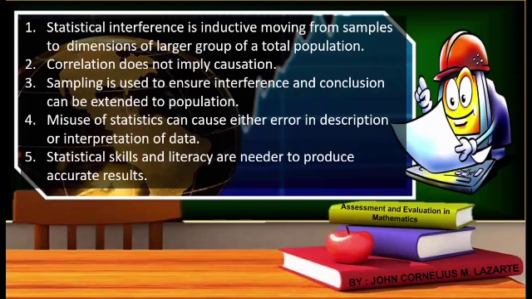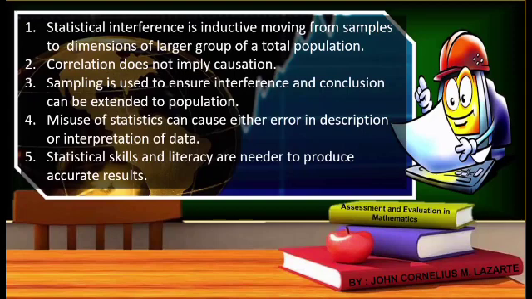For number 4, misuse of statistics can cause errors in description or interpretation of data. That is why it is very important to be careful in handling statistical treatment of data, especially for those conducting a study, because if you have a mistake in computing statistical data, it will greatly impact the result of your study.